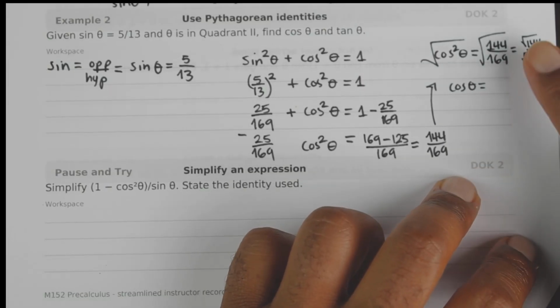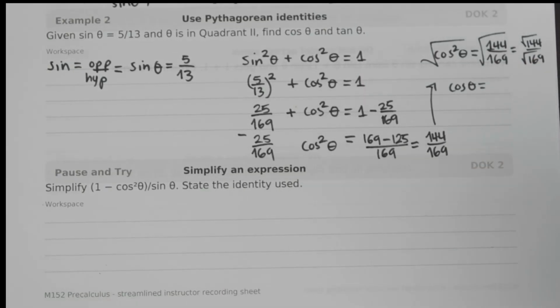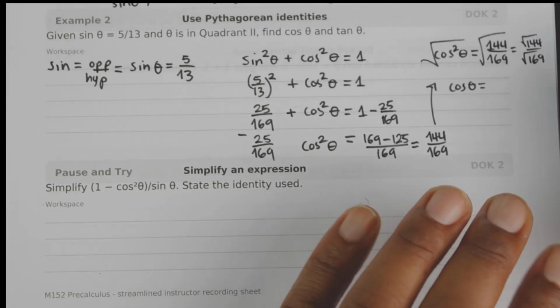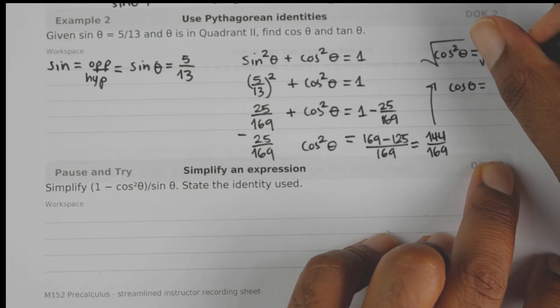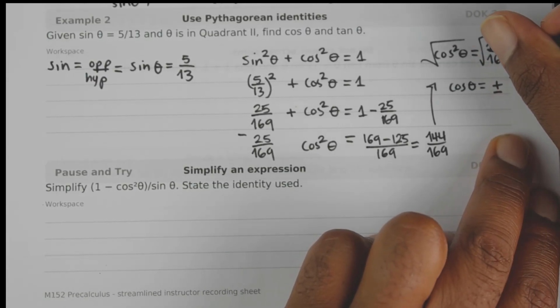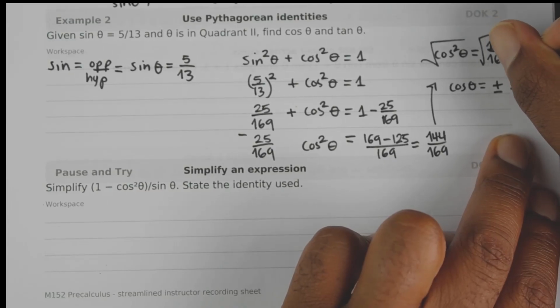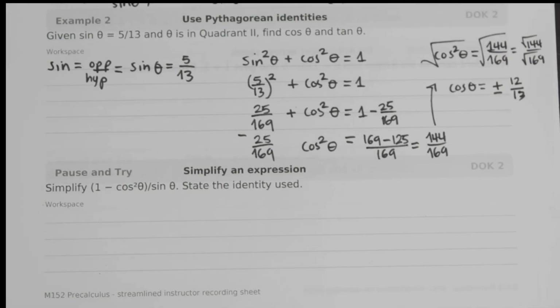Or you can simplify it. There's a couple ways you can play with it. It just so happens that these are perfect squares, so this will simplify to plus or minus 12 over 13. Now it says use the quadrant. Okay, so we're in quadrant number 2. So theta being in quadrant number 2, we know that the cosine is going to be negative.